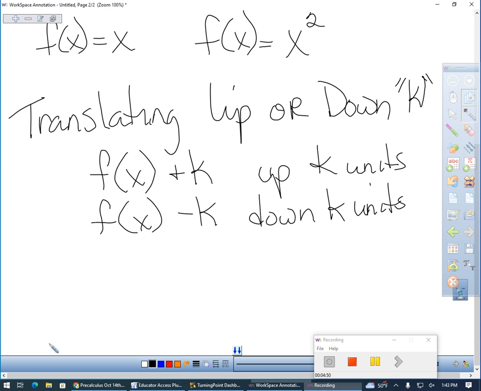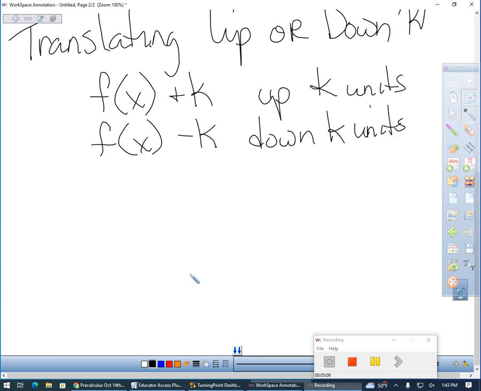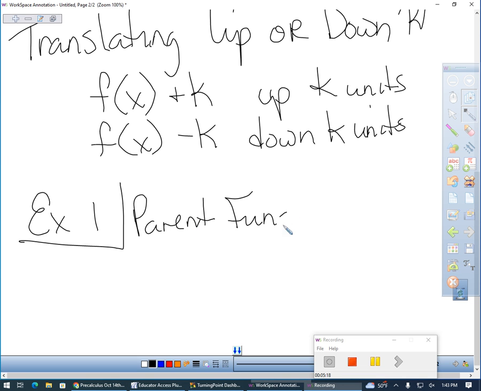All right, so for example, here's example number 1. Your parent function is f of x equals x. I'm just going to do a normal x.